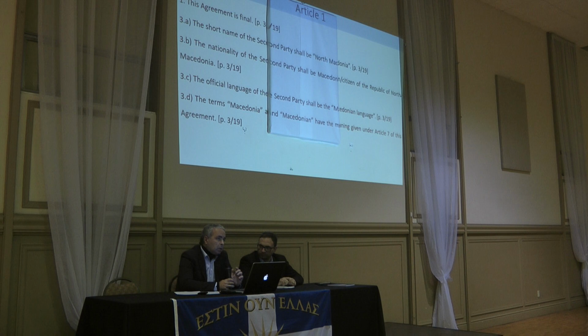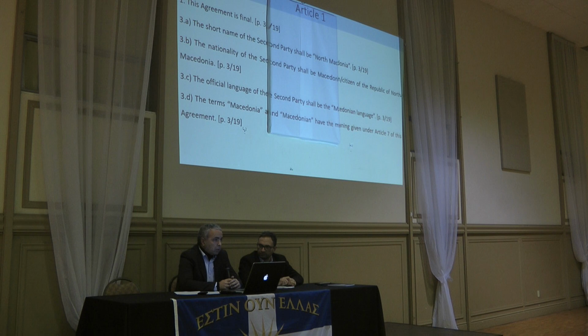In the previous, intermediate agreement in New York, the text is simple. You have Greece and FYROM. Here you have Greece and another country, and you have to find which country this is. They don't want to put the expression FYROM. They want to put only Macedonia.